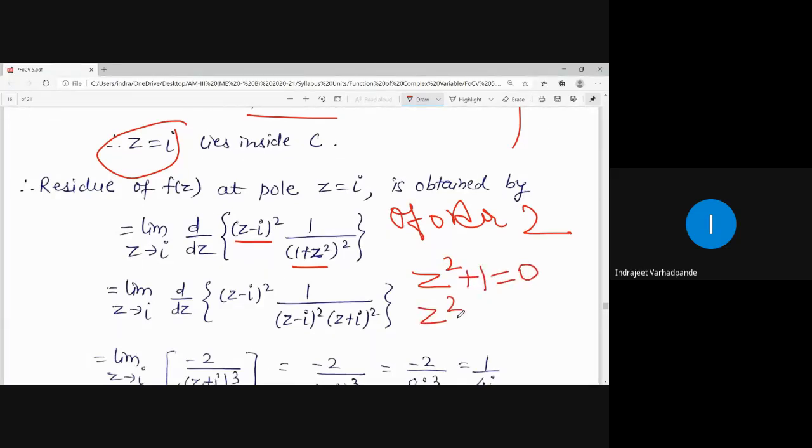Z square minus of minus 1 equal to 0, and this is z square minus i square equal to 0. What is a square minus b square? A plus b, a minus b. So what factors came? z minus i, z plus i. It was whole square, so we squared them too. Is it okay? Is this step clear?